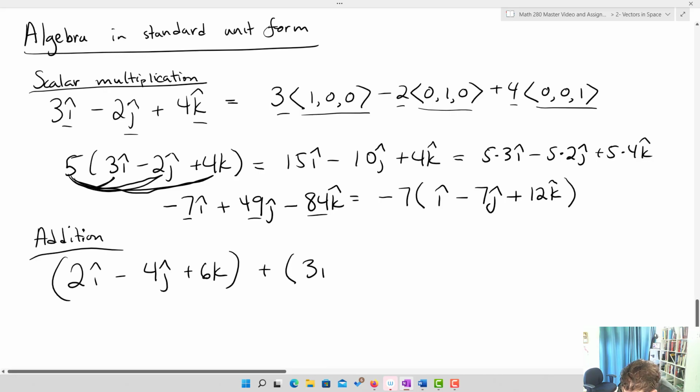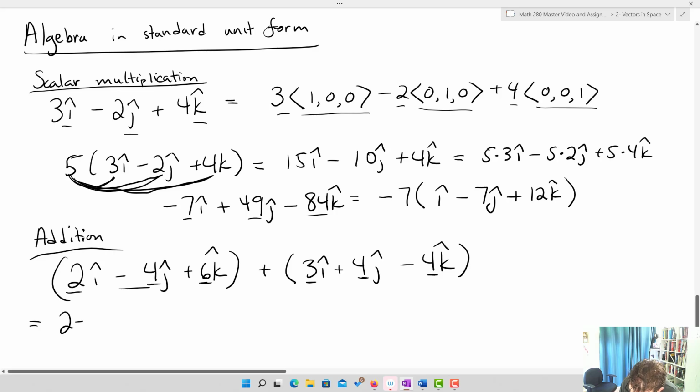I've got 3i plus 4j minus 4k. What I'll do is I'll just combine the scalars in front of my i's, the scalars in front of my j's, and the scalars in front of my k's in order to create a single component form.